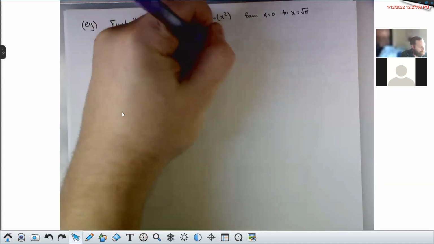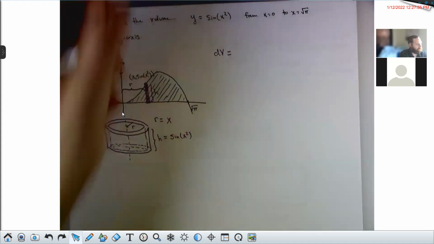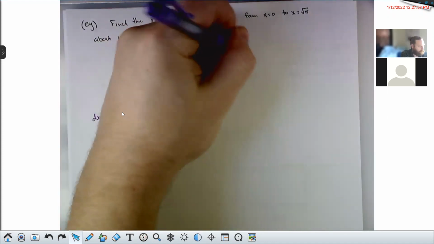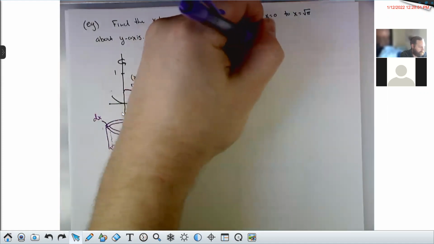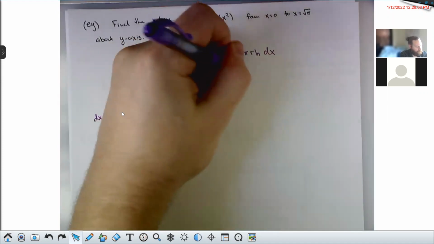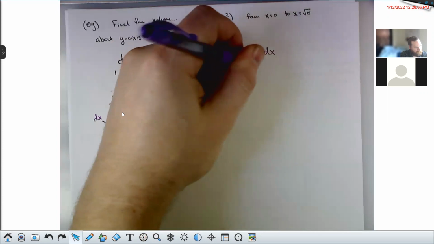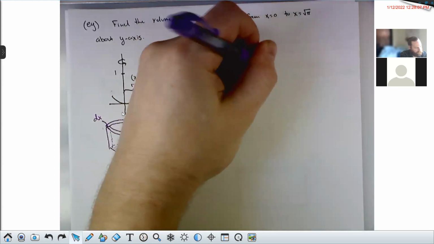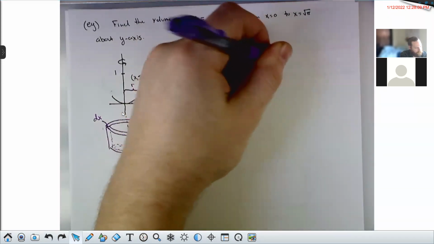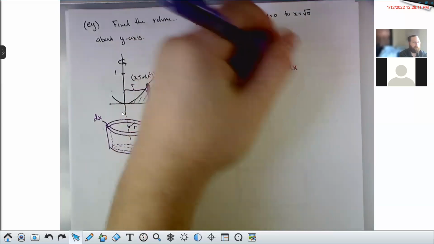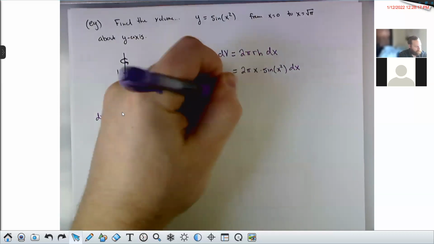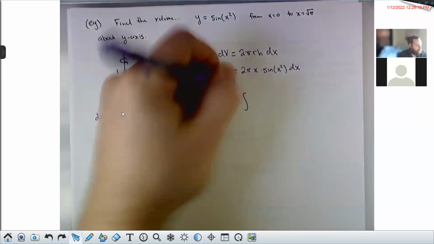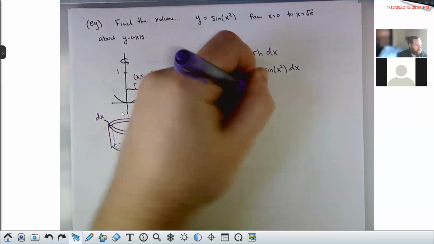This means that dV, the volume of this little cylindrical shell, is always 2 pi r h. In this case, the differential thickness is dx, which is 2 pi x times the sine of x squared dx. Which means that my total volume V is always the integral of dV.